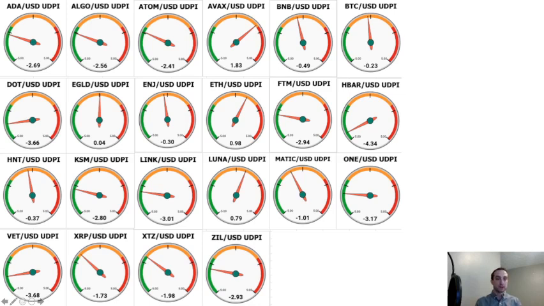On the bullish side, another thing though that we could point to is the fact that 5 assets now out of the 22, almost a quarter, are below -3, and one of them is below -4. That's HBAR over on the right at -4.34, but also DOT at -3.66, VeChain at -3.68, and Link at -3.01.